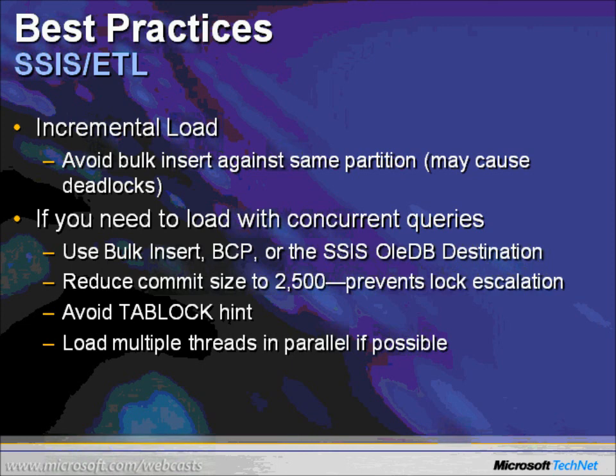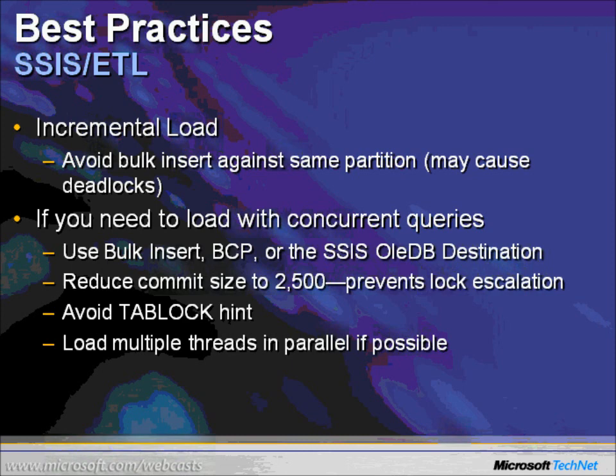Now let's take a look at best practices for extract, transform, load. One thing we should talk about is incremental load. You want to avoid concurrent bulk insert into the same partition because this can cause concurrency problems and maybe deadlocks.